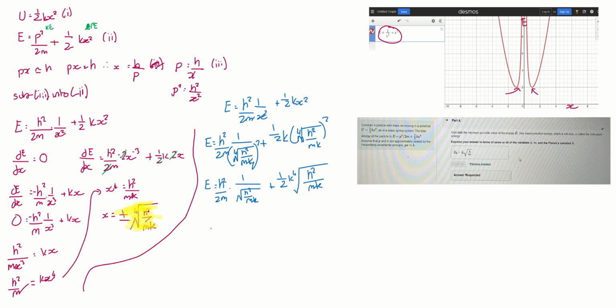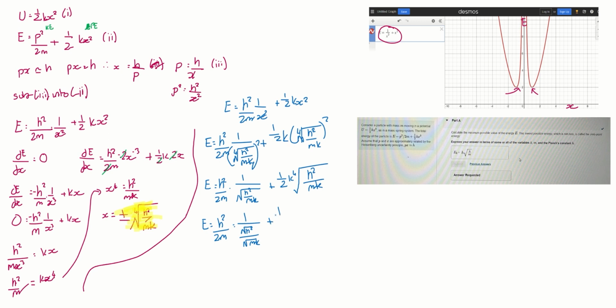Now, you know your surd rules, that can be written there. So I'm going to go back to the algebraic maths that helps you simplify these things. It might be a bit boring, but I'm going to do every step. Equals 1 over, surd rules, root of h squared over root of mk. That's the same as that.